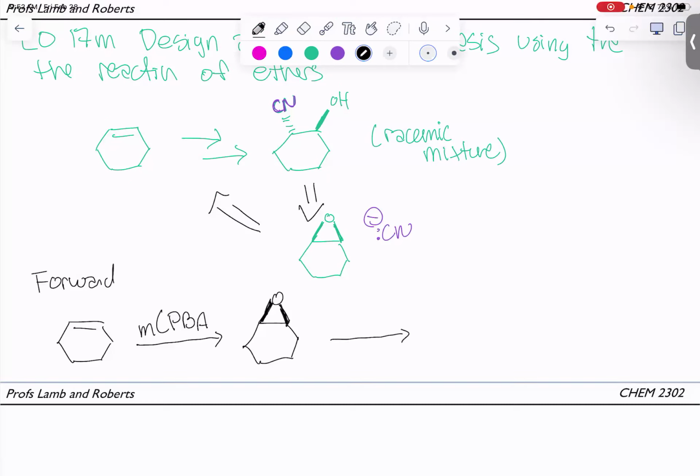Now we have the opportunity to have a cyanide nucleophile. We don't need to worry about which side to react with. It'll react with both. So we could use something like sodium cyanide, as well as H3O plus workup, and we would get to our final product.